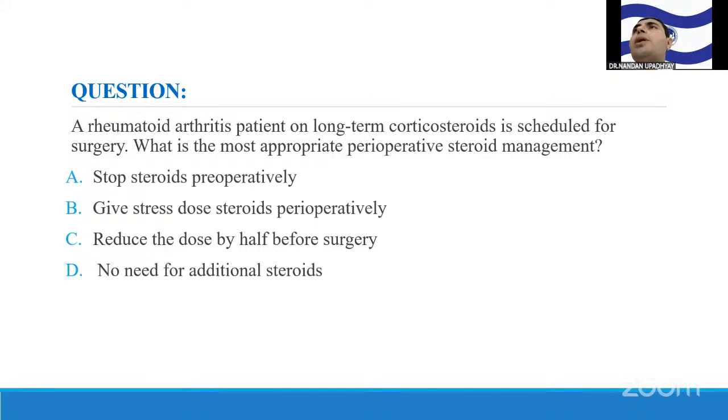In a moderate case, we give 200 milligram of corticosteroid on the day of surgery, and after 2 days, 100 milligram. And in a major surgery case, from day 1, we give 200 milligram of glucocorticosteroid for 3 consecutive days in the perioperative period. Next question.